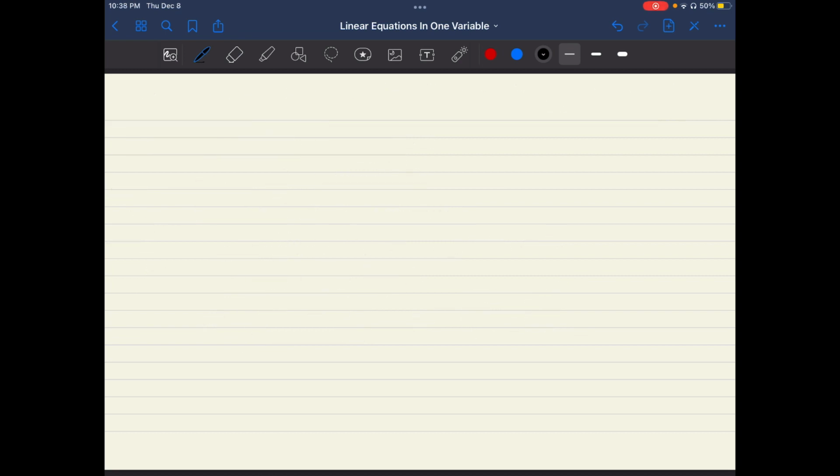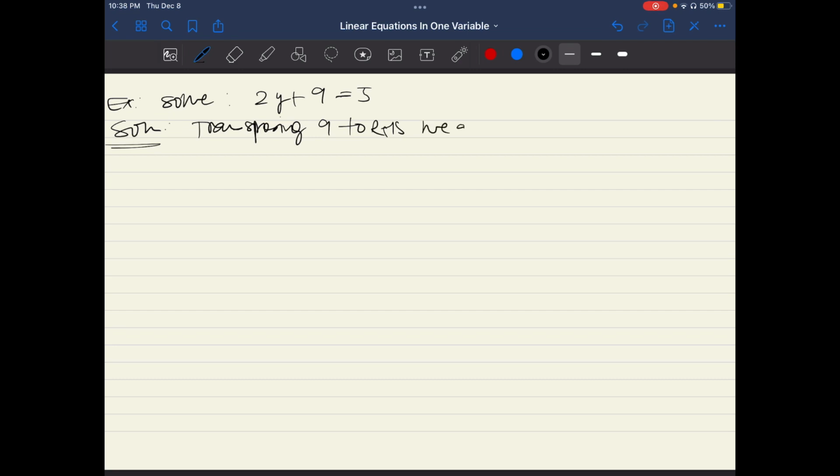Now let's work through another example. Let's solve 2y plus 9 equals 5. Now again, we start with transposing 9 to RHS.